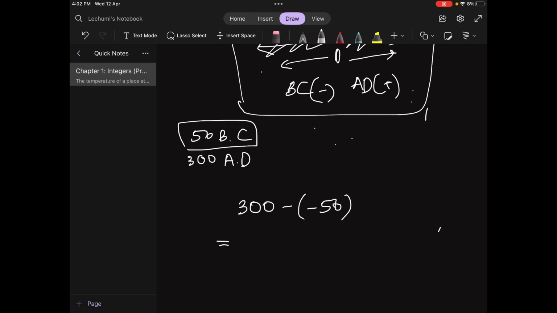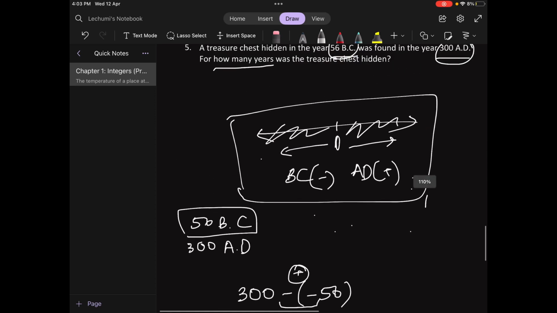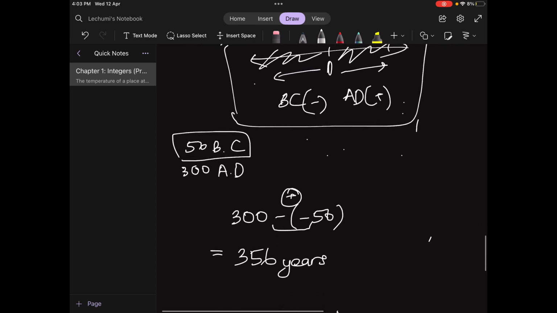So here negative negative are same sign, so we are going to make it into positive. As I said in the earlier video, same signs will become positive, different signs will become negative. So we have 300 minus negative 56, which essentially becomes 300 plus 56. So 300 plus 56, we get 356 years. So there you go. The treasure chest was hidden for 356 years.